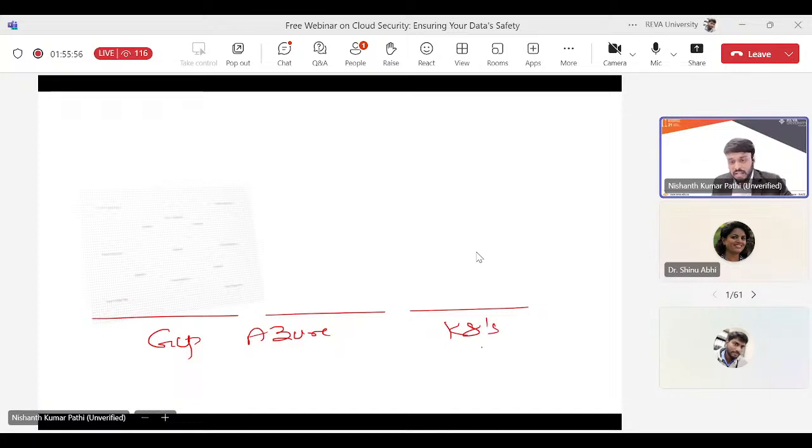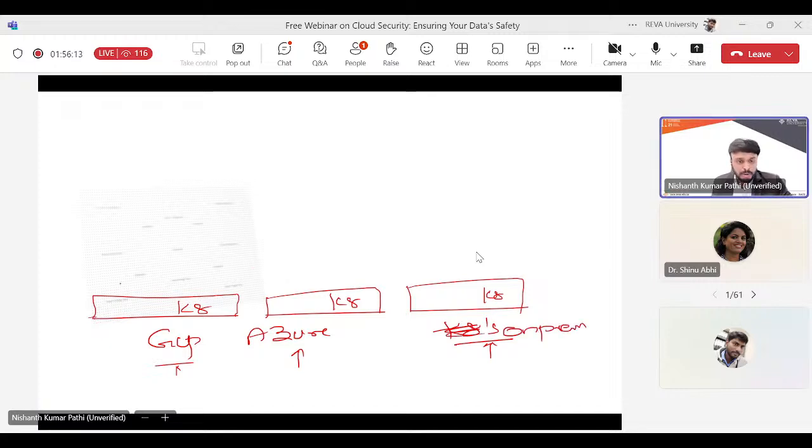Whether it is an on-prem Kubernetes cluster, Azure or GCP, what is common across them is a Kubernetes cluster, a Kubernetes cluster, and a Kubernetes cluster. On top of that, you run what are typically called pods or deployments. I'm just taking it as a pod. A pod is a representation of a Kubernetes environment.